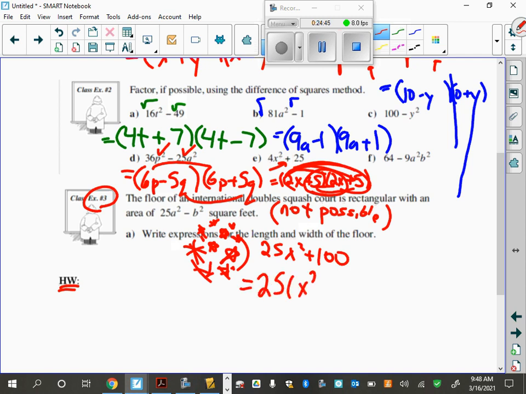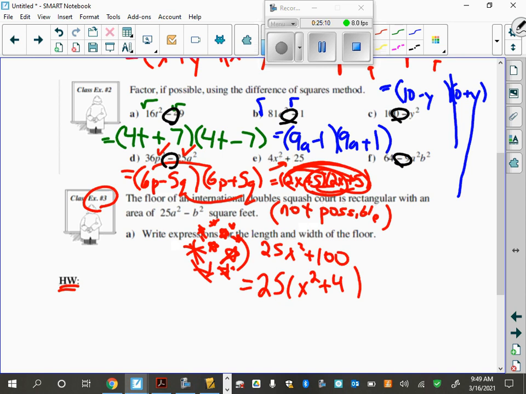Alright, take a 25 out. And now you might be tempted, is this x subtract 2 times x plus 2? No? Why? What do you know about all of these questions that we've done? Every single one of them. It's subtraction. Remember, when you factor, you end up with a subtraction binomial: a subtraction sign in between two terms.